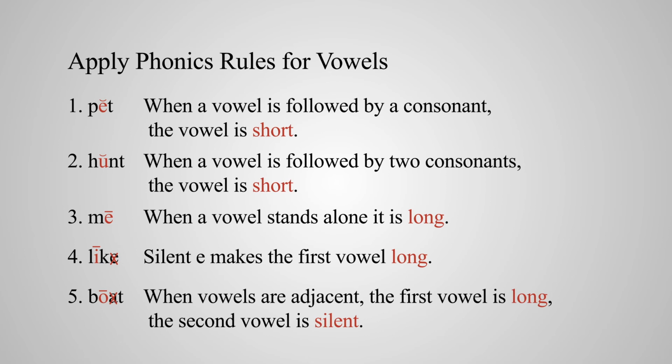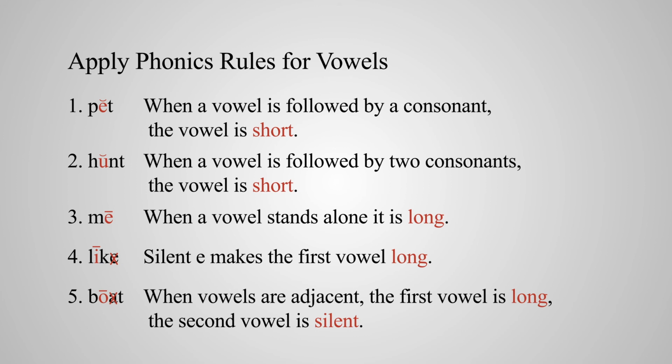That's how we sound it out. The fifth and final rule, these are really simple and you'll catch on really fast. The fifth word is boat, B-O-A-T. When vowels are adjacent, the first vowel is long and the second vowel is silent. Let's look at this word, B-O-A-T. O and A are next to each other.